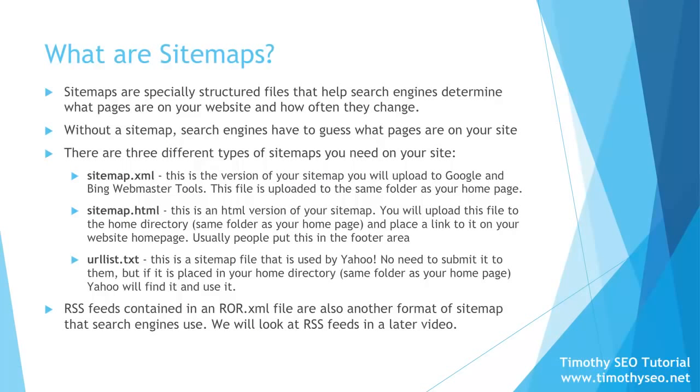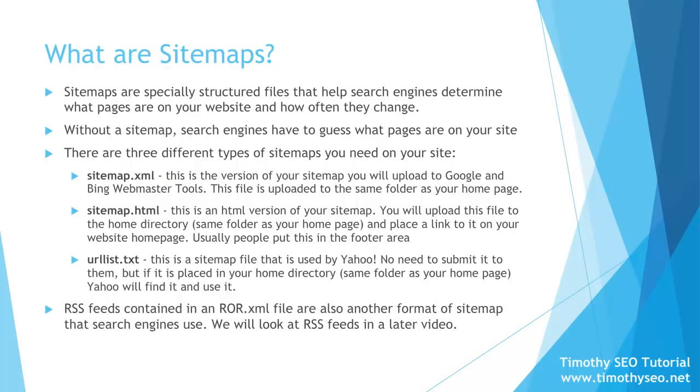A fourth type of sitemap file that you can create is actually called ROR.xml. And sometimes people call this file an RSS feed. Its purpose is not only to be used by search engines, but also to be used by people who have an RSS feed reader and like to read websites using that.